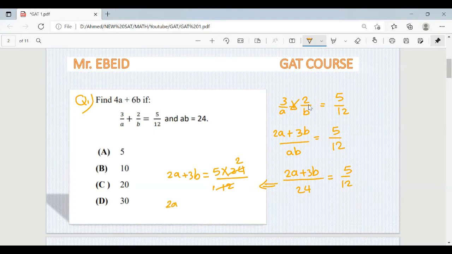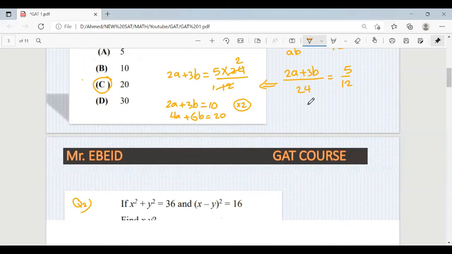So we have 2a plus 3b equals 10. Multiply both sides of the equation times 2. So we have 4a plus 6b equals 20, so the answer is C. Let's move to the next question.